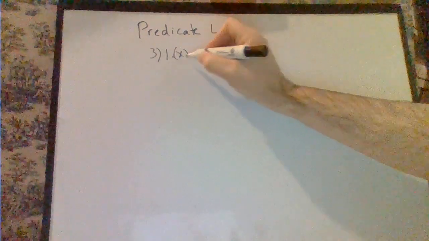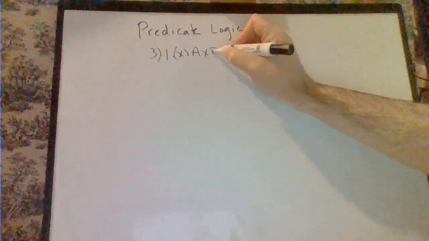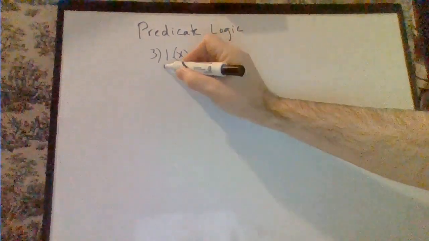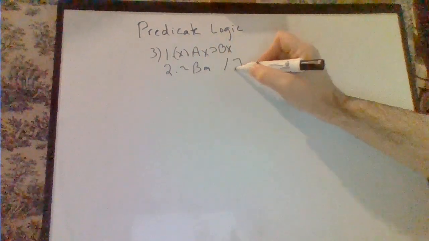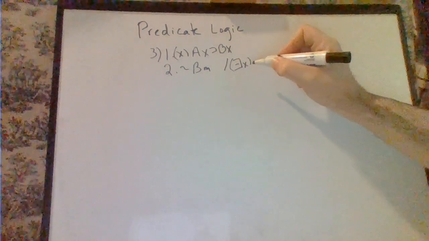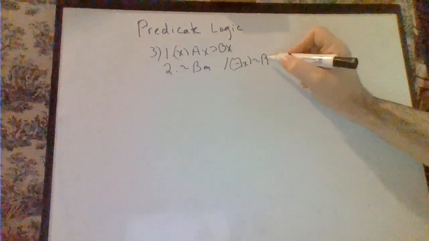there's x, Ax then Bx. 2, not Bm, therefore Ex, not Ax. All right.